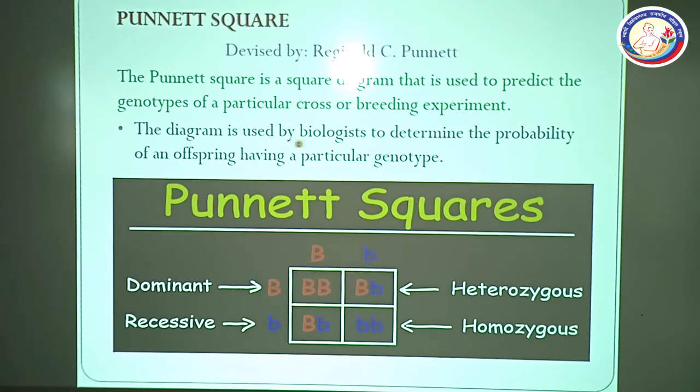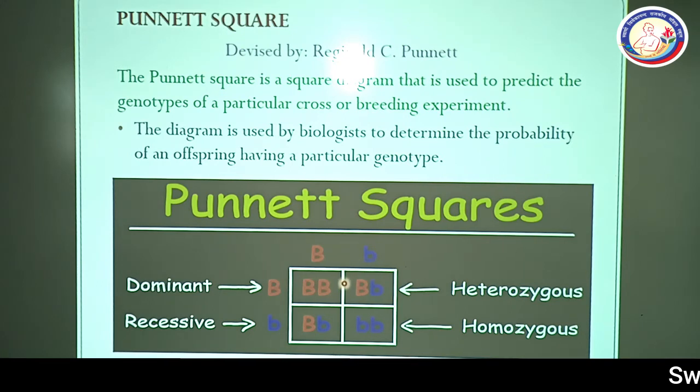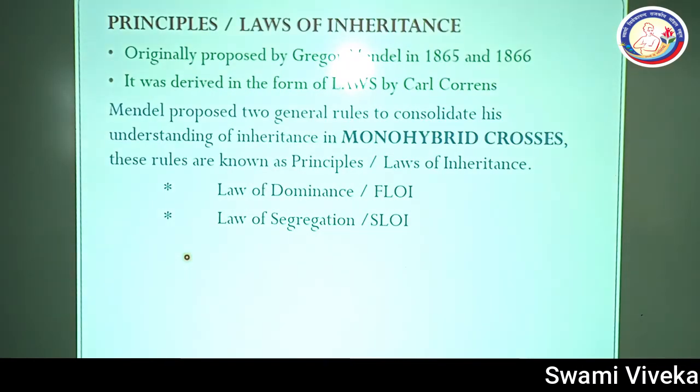The diagram is used by biologists to determine the probability of an offspring having a particular genotype. When you are going to show these gametes and these offsprings in a tabled format or in the square format, then this is known as Punnett square.